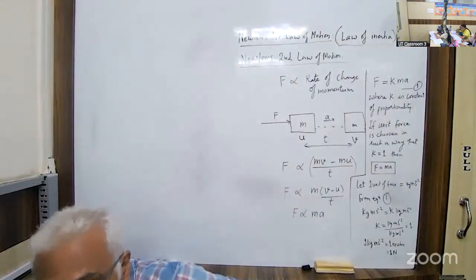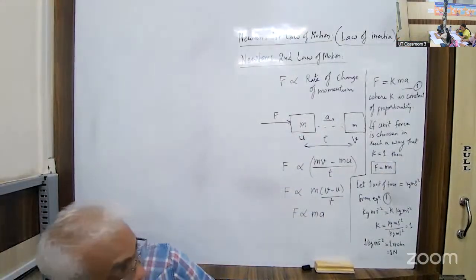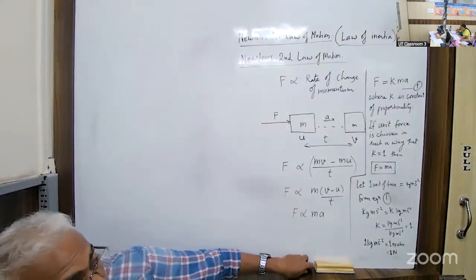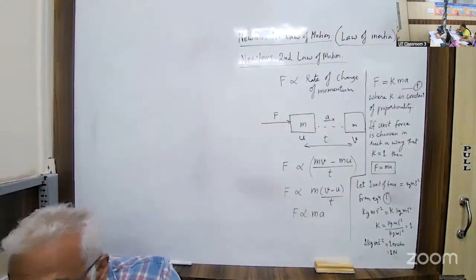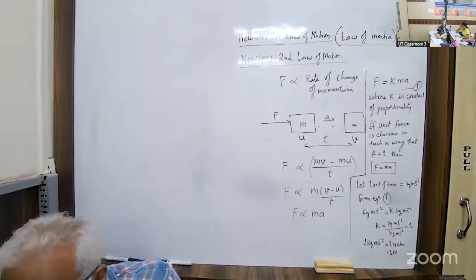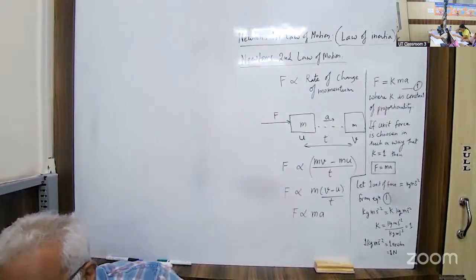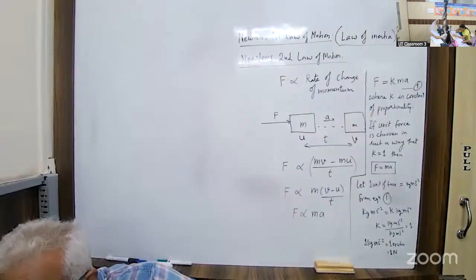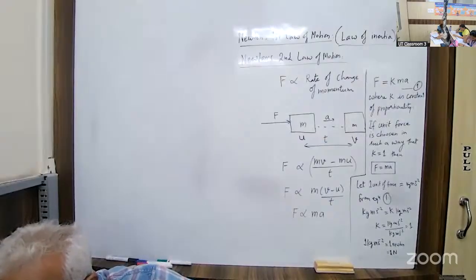Okay. So now read the statement of Newton's second law and how we derived it mathematically. Just read from the book. Read before example 1.